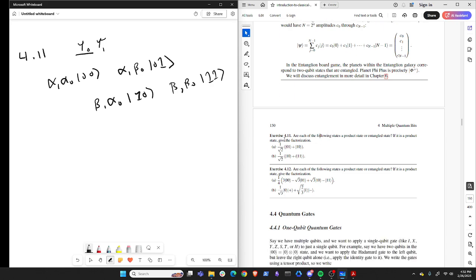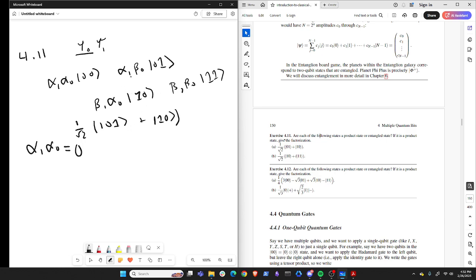So here, the superposition they give us is 1 over square root of 2, state 0, 1 plus state 1, 0. We can already see that we're going to have some zero amplitudes. For 0, 0, the state does not exist in this superposition, so alpha sub 1 times alpha sub 0 is 0.